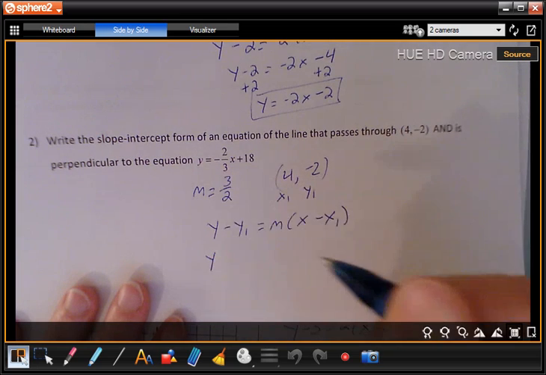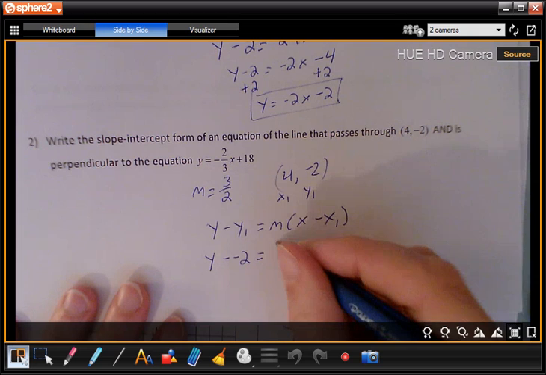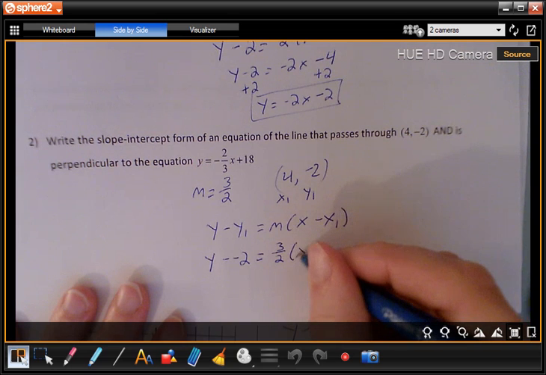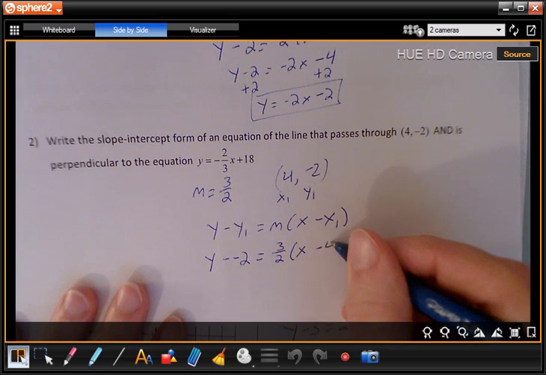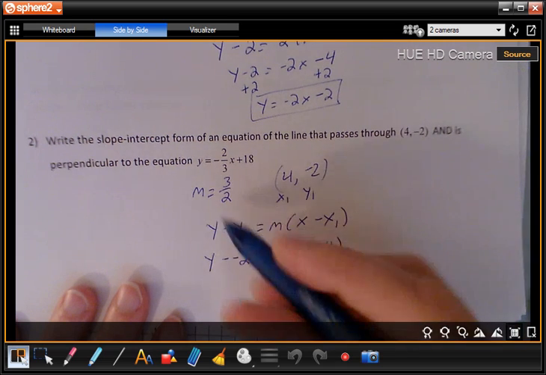So I've got y minus a -2 equals m, 3/2, times x minus x1. Two negatives here make this positive.